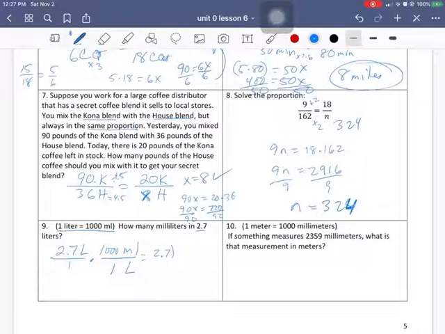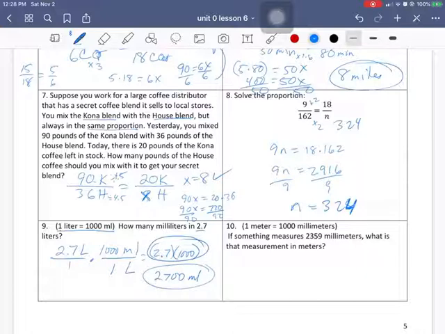This is 2.7 times 1,000, so I'll take that as work, whichever one. And that's going to be 2,700 milliliters as an answer. Okay, so given times conversion using the factor label method. If you just give me this, that's fine too.